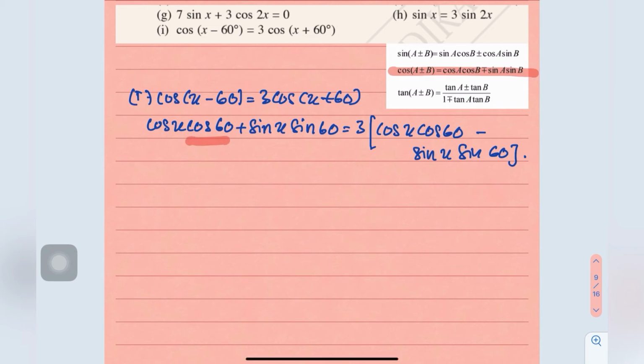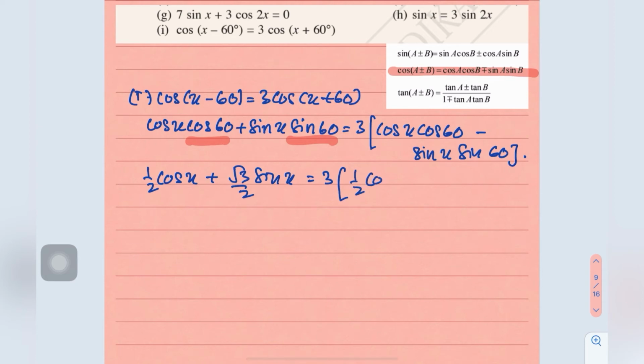Cos 60 is 1 over 2, sin 60 is root 3 over 2. So 1 over 2 cos x plus root 3 over 2 sin x equals 3 times (1 over 2 cos x minus root 3 over 2 sin x).